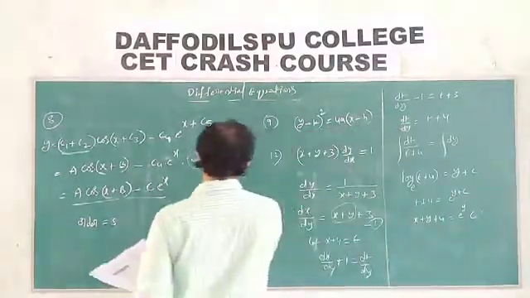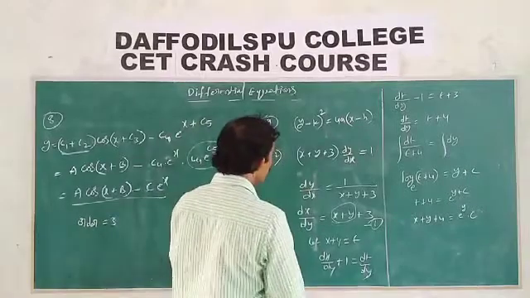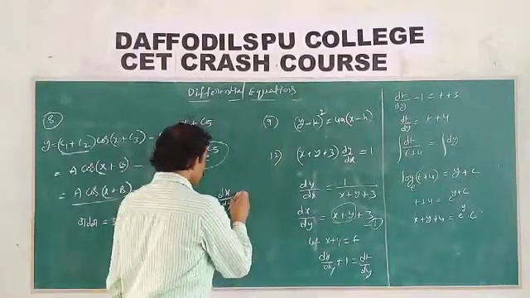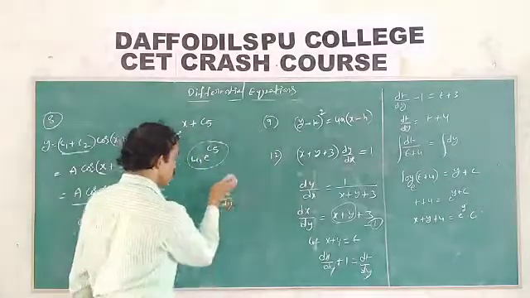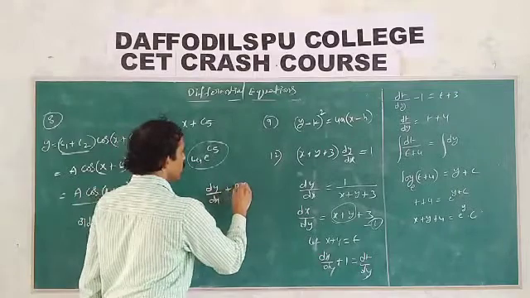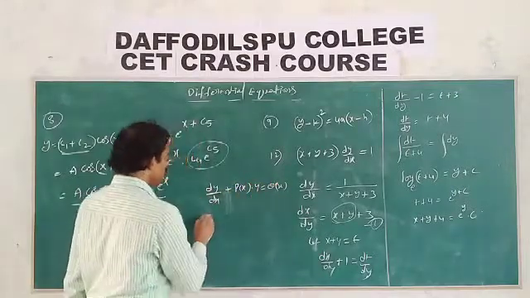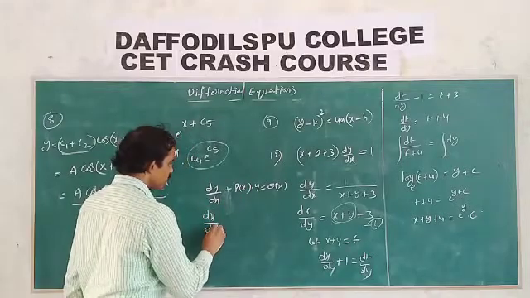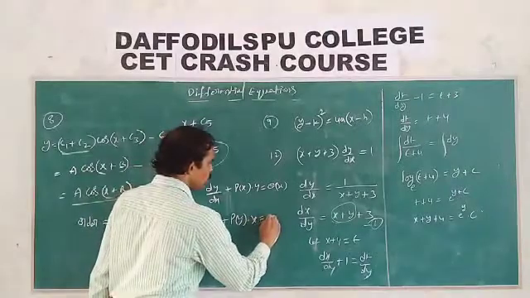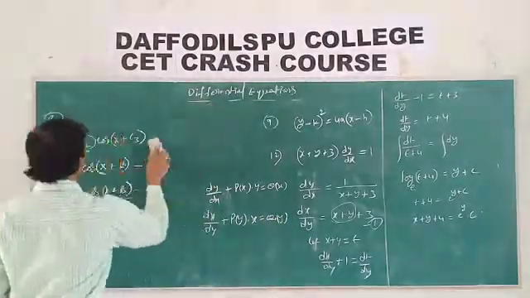How to do it? This can be written as dx/dy. We have two types of linear differential equations: dy/dx plus p of x into y is equal to q of x. This is one type, and the other is dx/dy plus p of y into x is equal to q of y. Same problem, how to solve it?